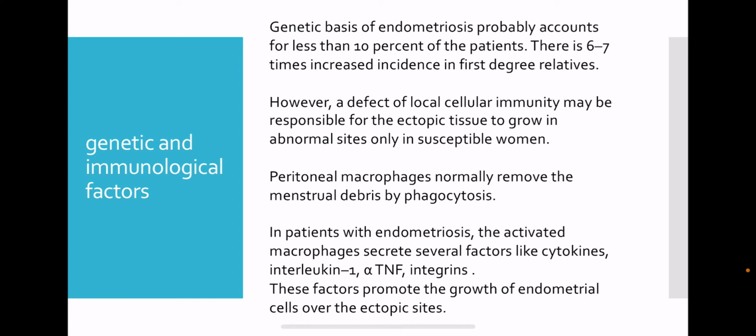These cytokines promote the growth of the endometrial tissue. Instead of phagocytosing it as a foreign body, that does not happen here. Instead, there is growth of the endometrial cells over the ectopic sites under the influence of the cytokines released by the macrophages.